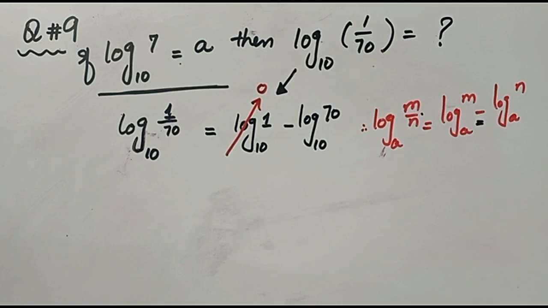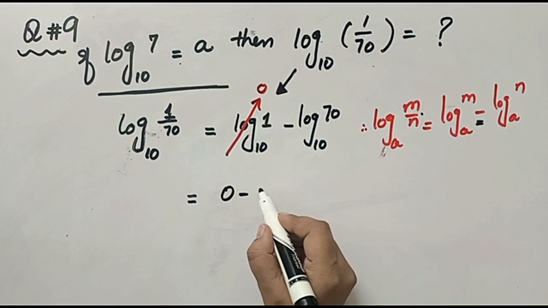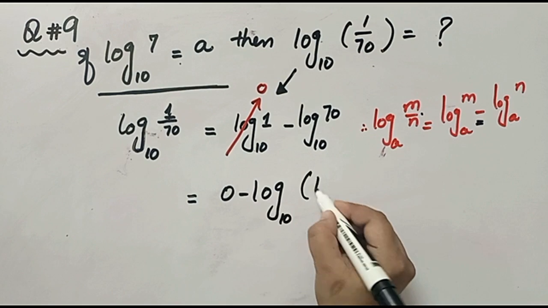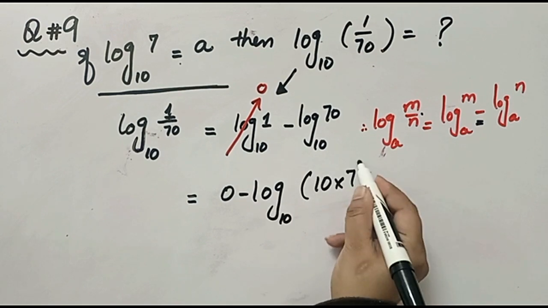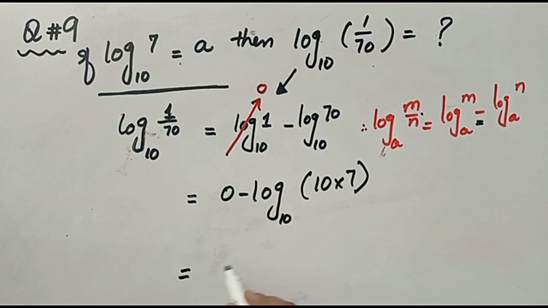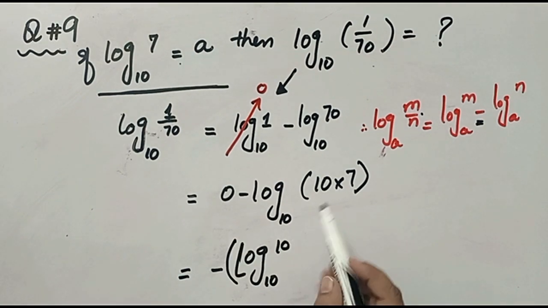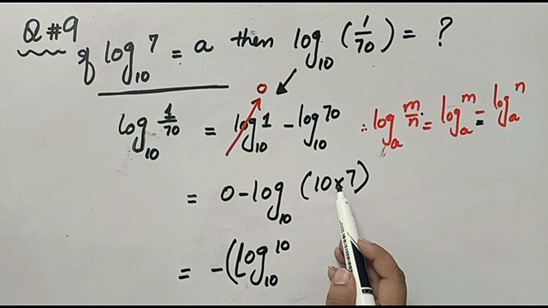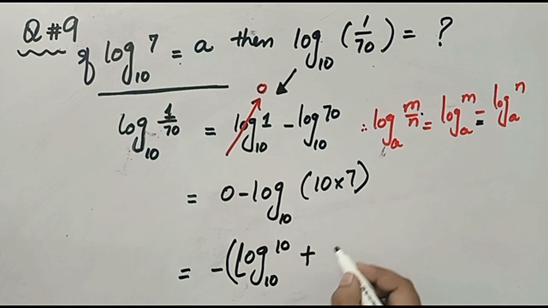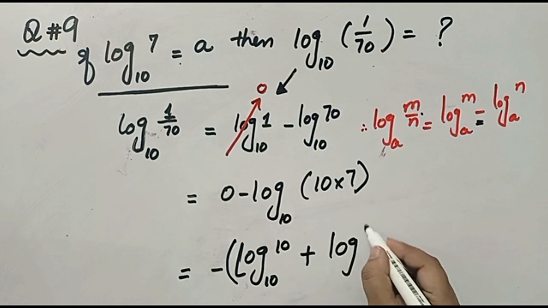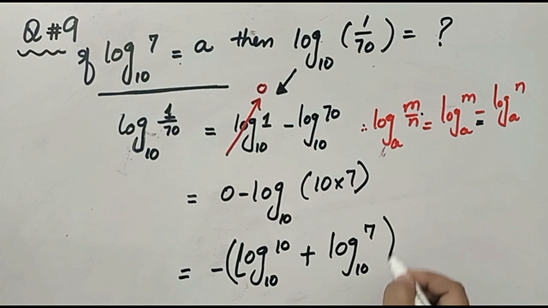So it will be 0 minus log of 10 sevens are 70, so minus log of 10 times 7, and that multiplication will be converted into addition: log 10 to the base 10 plus log 7 to the base 10.